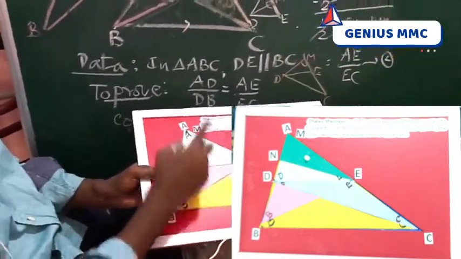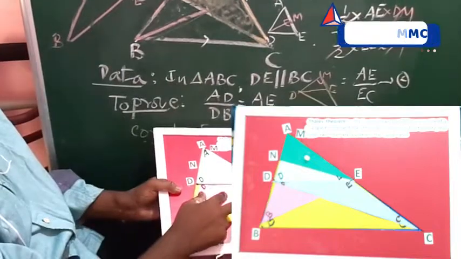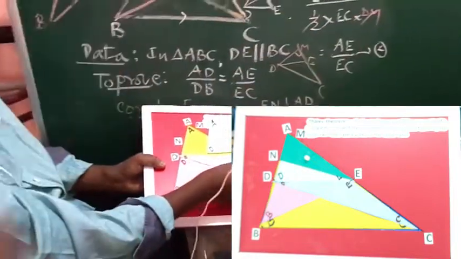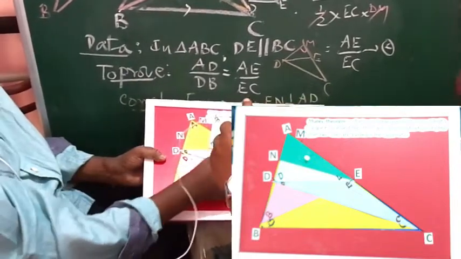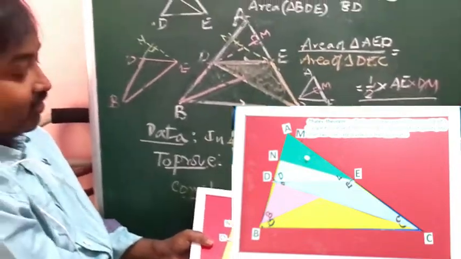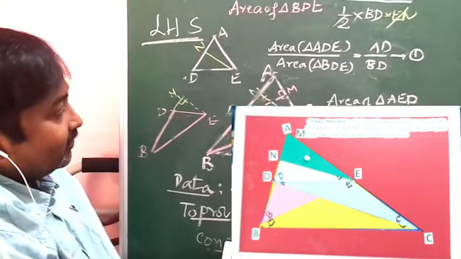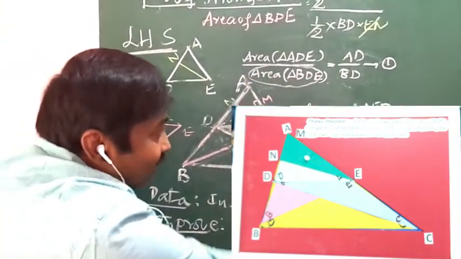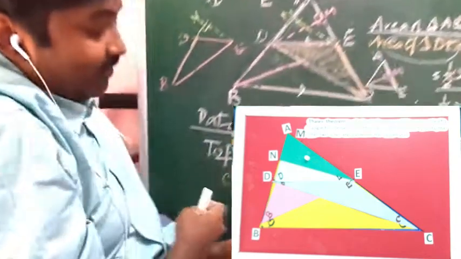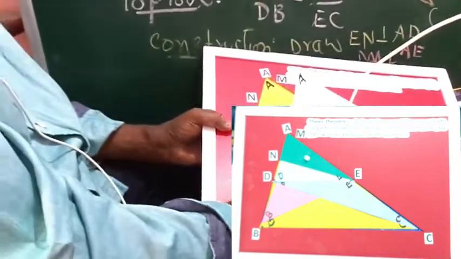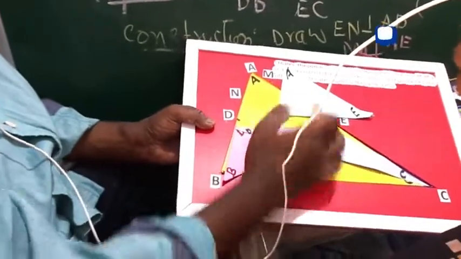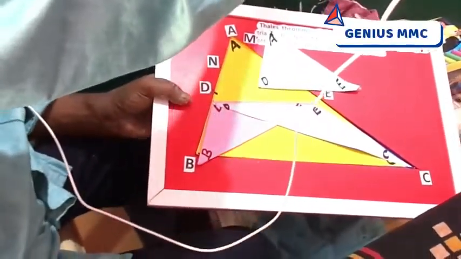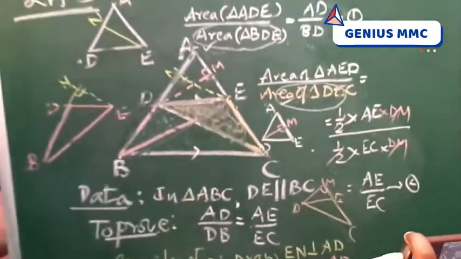Both the triangles are standing on the same base. Areas are equal. So if these two are equal, the LHS parts are equal, so the remaining RHS parts are also equal.